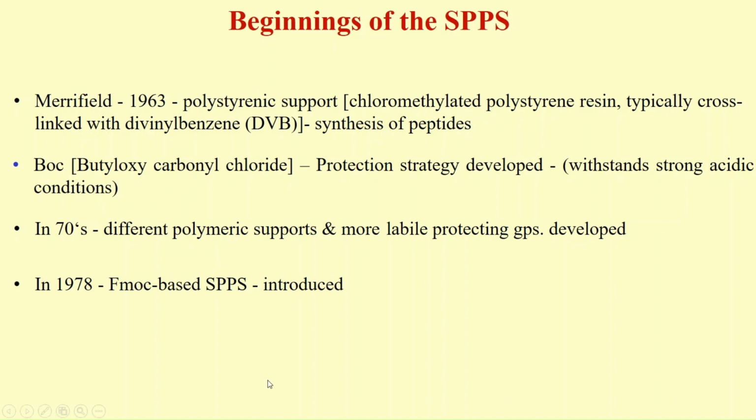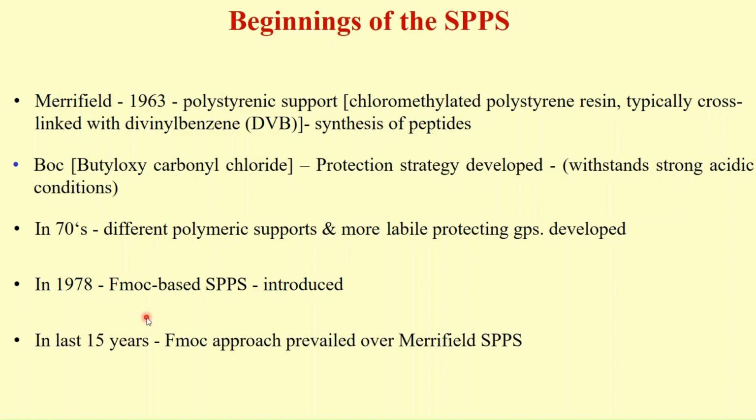The BOC protection was removed and replaced by Fmoc because of its more lability, more easily removability. Even now, the Merrifield resin is used rarely, and Fmoc protection has prevailed all these years.